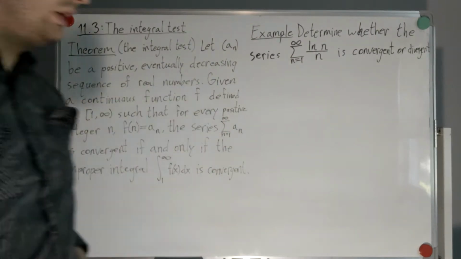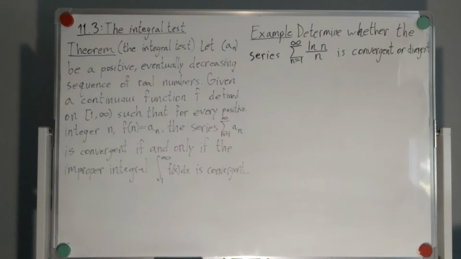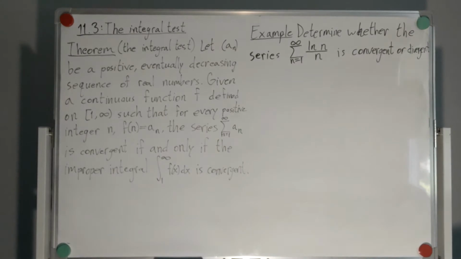Okay, and that's all I want. We just want to know whether it's convergent or divergent. If it is convergent, we'll just say, okay, it's convergent. We won't bother trying to find what the sum actually is.